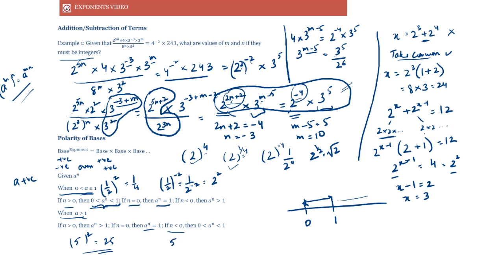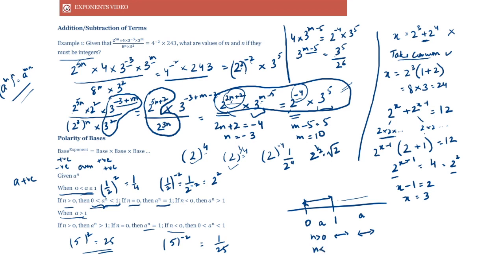Now, if n is negative, then the term goes between 0 and 1. So now look at this. If I say 5 to the power -2, then what happens? This becomes 1 upon 25. Now it has gone between 0 and 1. So think of it this way. When A lies over here and n is positive, the same state continues.